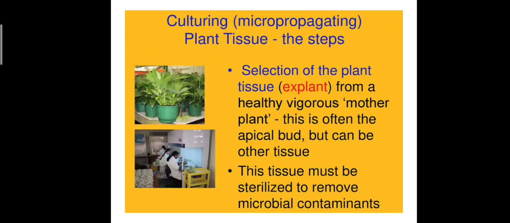The culture room has controlled conditions: 25 to 28 degrees Celsius temperature, the photoperiod is also maintained, and the relative humidity is also under control. So these inoculated culture vials are kept in the culture rooms for incubation. So that was the first step.